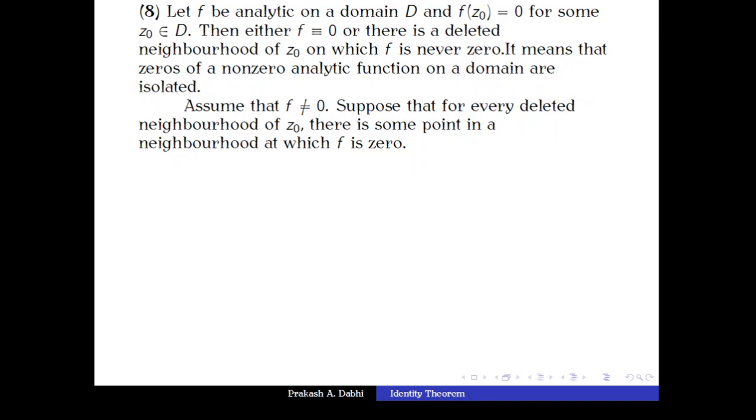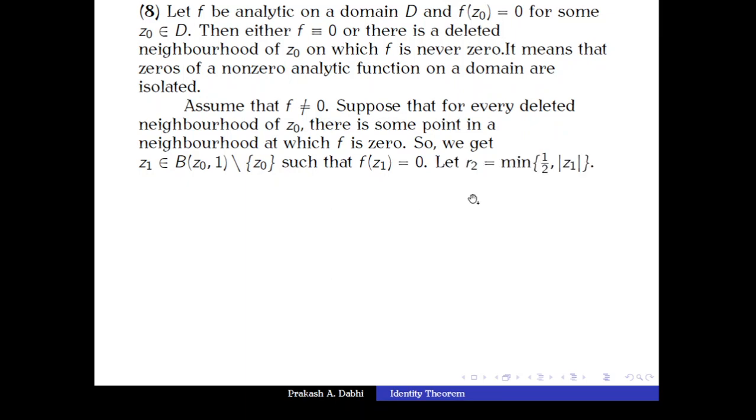It means whatever deleted neighborhood of z0 we take, there exists some point in that deleted neighborhood at which the function is 0. So if we consider the open ball with center z0 and radius 1, minus z0, it is a deleted neighborhood. By our hypothesis there exists some point z1 in this deleted neighborhood so that f(z1) equals 0. Now we take r2 to be the minimum of 1/2 and |z1|.